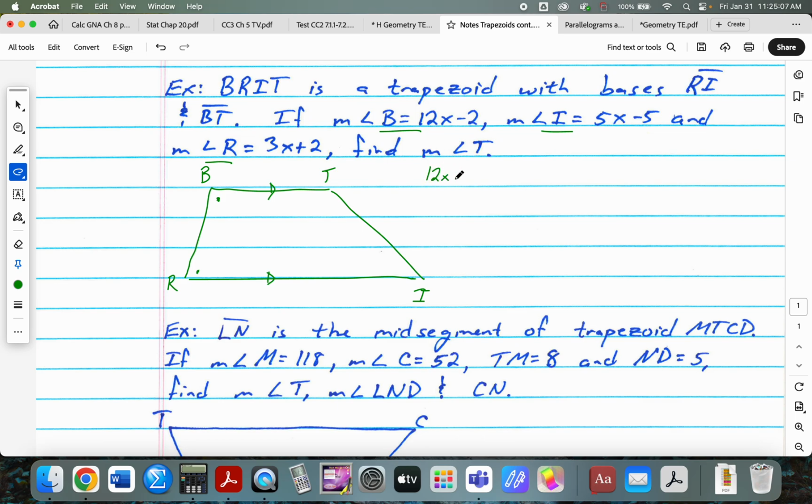So 12x minus 2 plus 3x plus 2 is going to be 180. So that gives us 15x is 180, because the plus 2 and minus 2 are going to add out to 0, right? Dividing, we get x is 12.